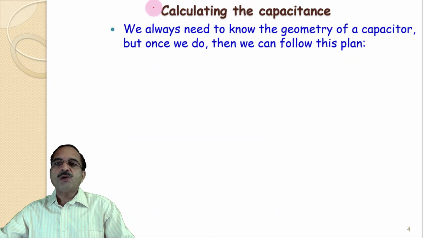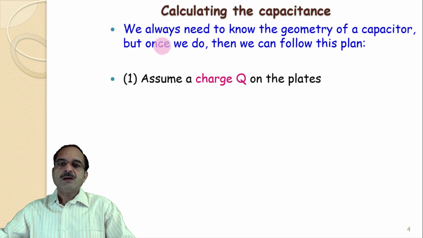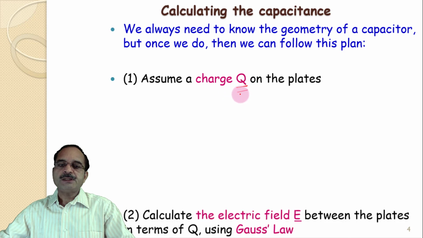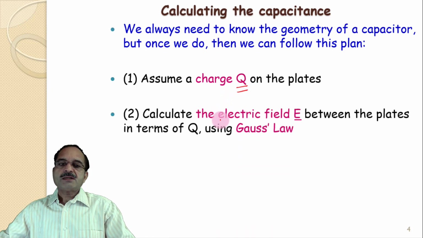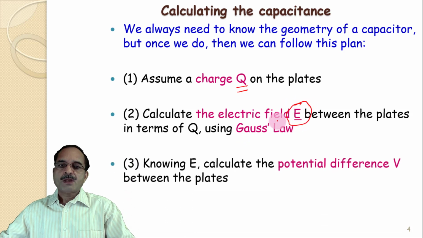So broadly we follow the given steps. First, let us assume a charge Q on the plates. Then based on this, by applying Gauss law, we will find out the electric field E between these plates.